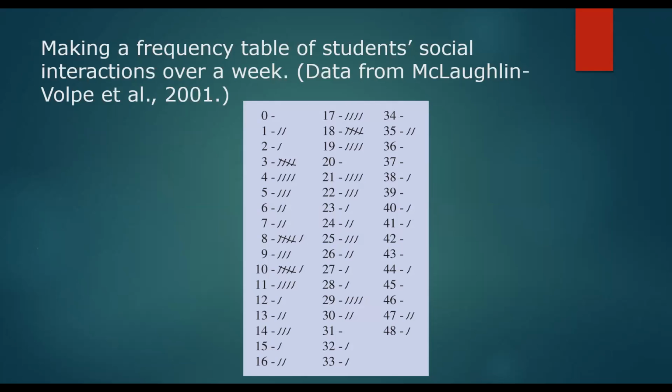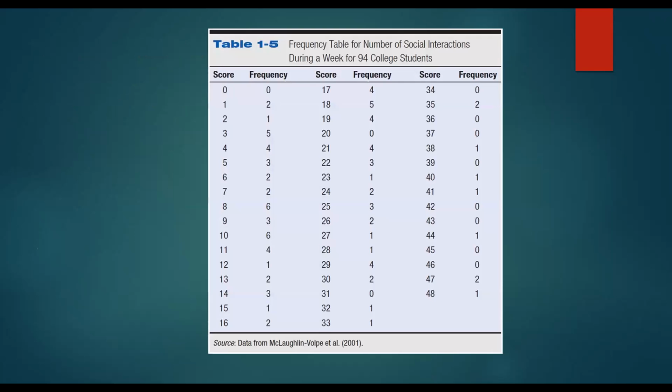Well, then I need to organize that again because this is kind of messy, right? I don't need to have the 48 categories just displayed this way. So the next way to display it would be to have it neatly in a table, right? And then highlighting, again, a score, like having 0 interactions over a week, the frequency is 0, 1 is 2, and so on and so forth.